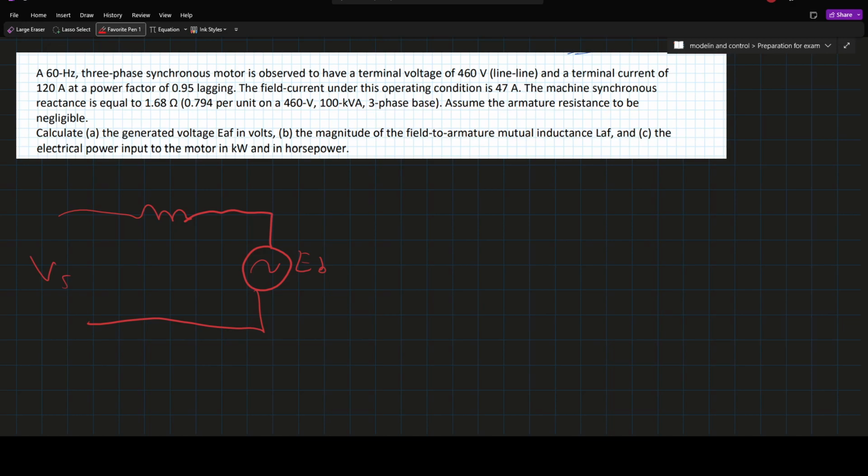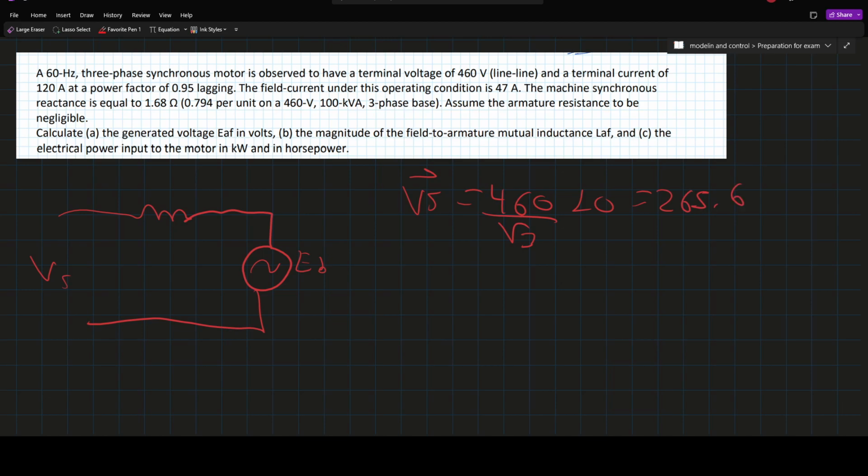The voltage for our VS is going to be 460 over square root 3 at an angle of 0. So we are going to have 265.6.